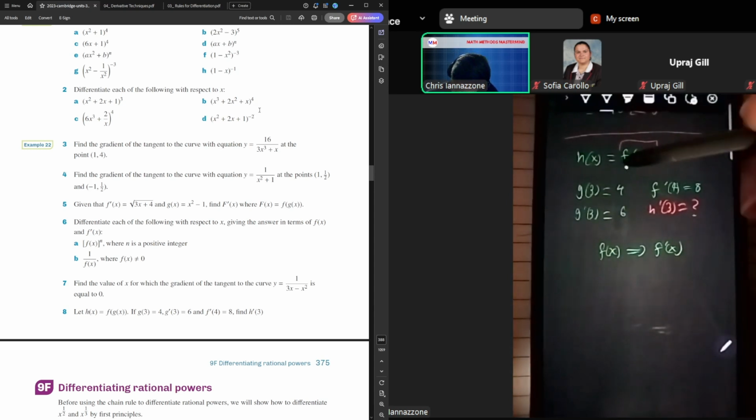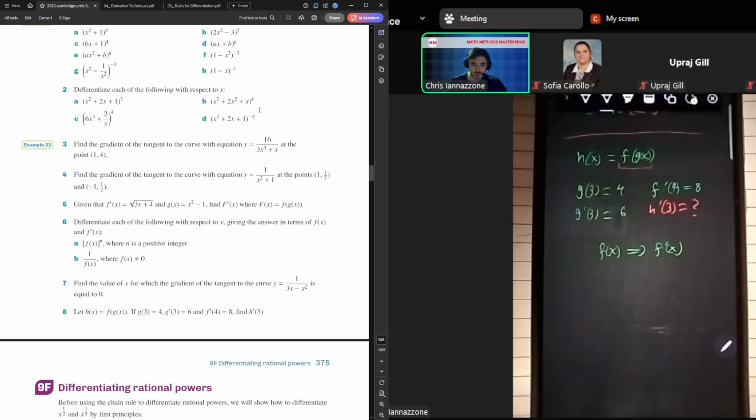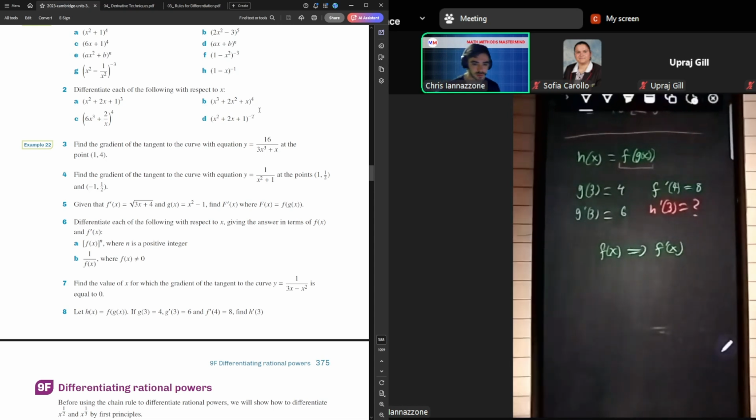This situation here is a chain rule, because what we have is a composite function. We have some other function subbed into another function within a function. Whenever you have a composite function, the chain rule applies. So with that in mind, how might we start off finding h dash, the derivative?